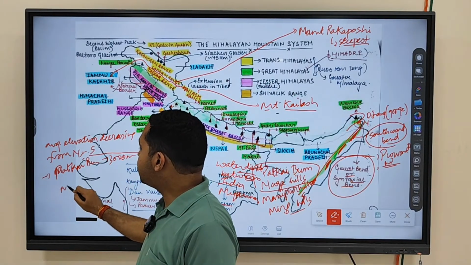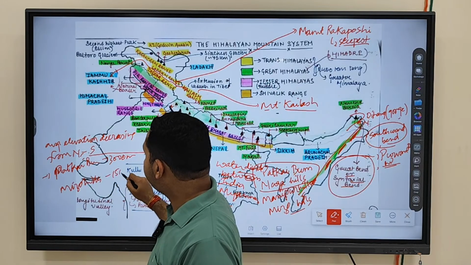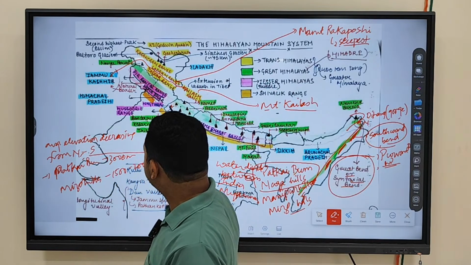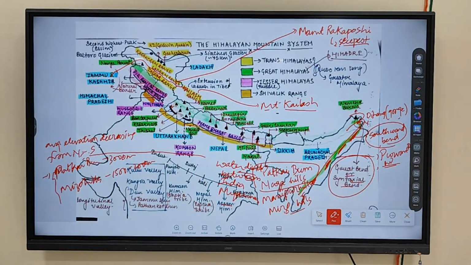As they reach the Mizo hills, they decrease in height to around 1500 to 2000 meters.